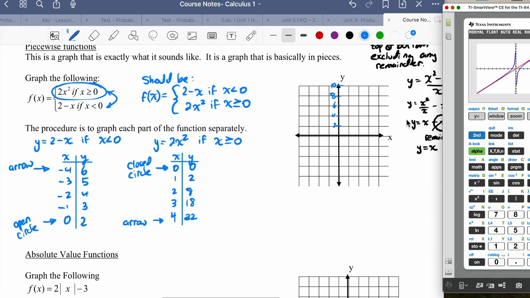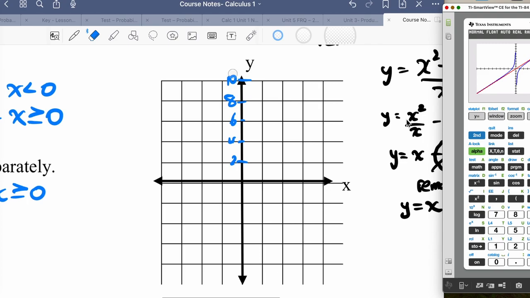Honestly, when it comes to scaling, I don't really care too much about the labeling, as long as it gets the idea across. So what a lot of people will do, and this is perfectly fine from where I'm sitting, is just label the first one. If you label the first one and say you're going by 2s there, then it's understood that you're going to continue to use that relationship, right?